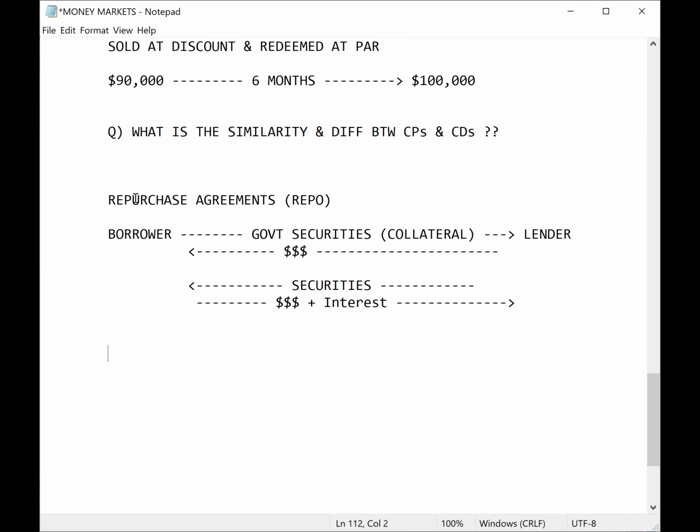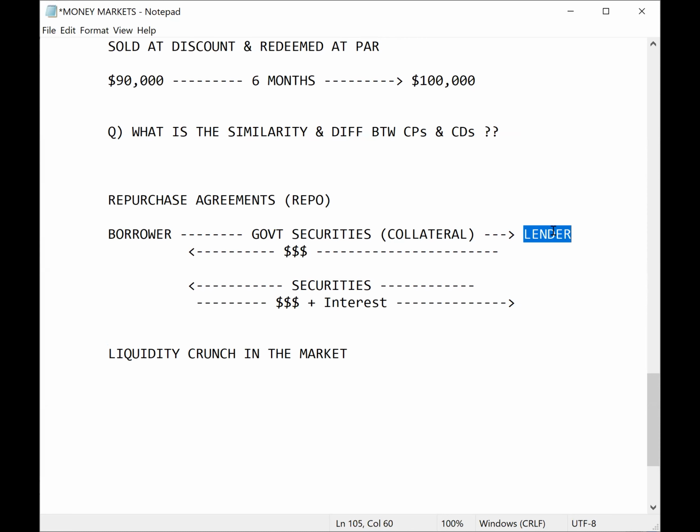What was the duration? Within 1 year. Okay, it would be negotiated between the two parties, and these repo agreements would be more popular when there is a liquidity crunch in the market.